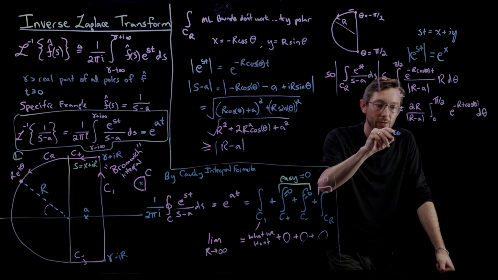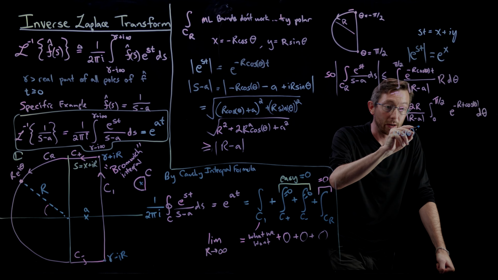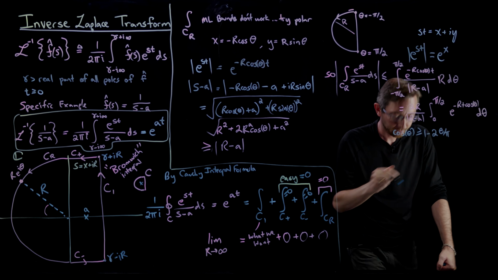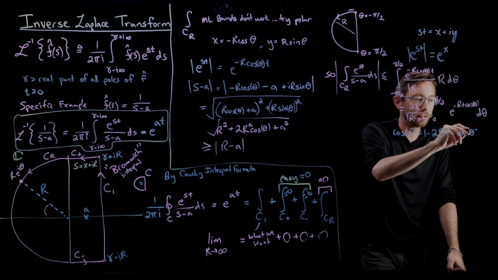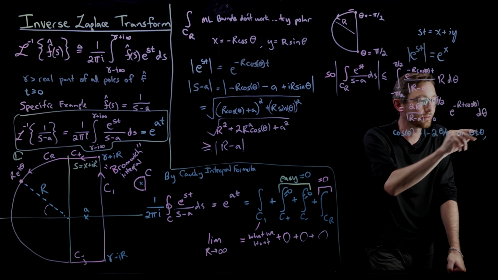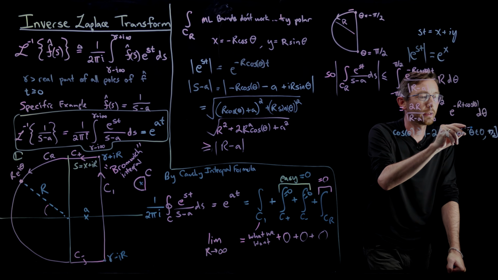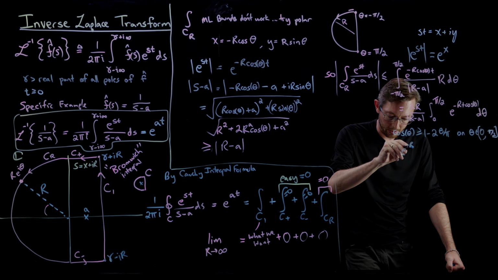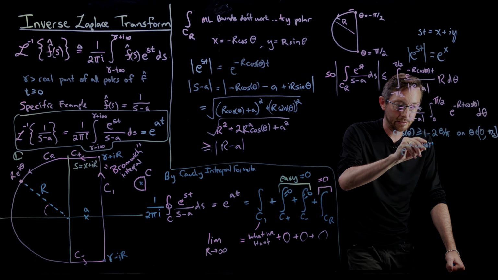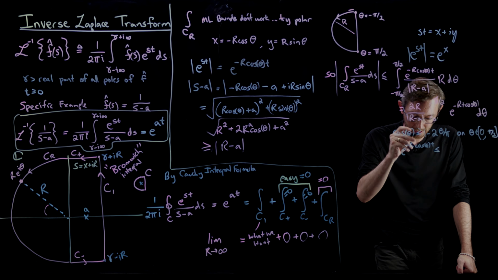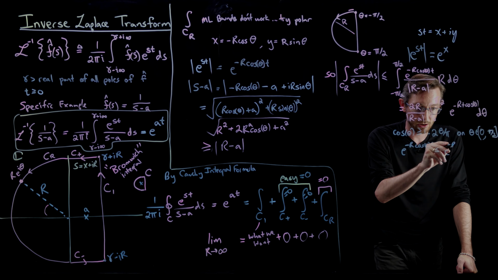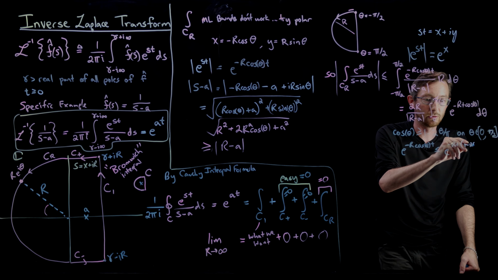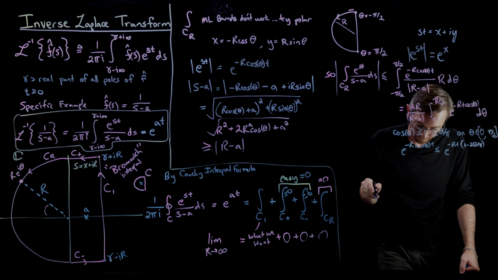So the last trick is that cos theta is always greater than or equal to 1 minus 2 theta over pi on the interval theta between 0 and pi halves. Okay, on that interval. And so e to the minus r cos theta t is always less than or equal to e to the minus r t times this value here, this 1 minus 2 theta over pi.